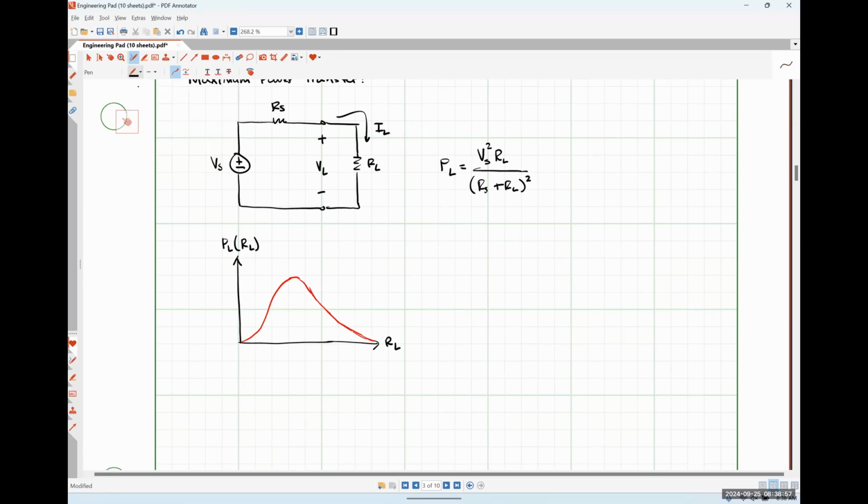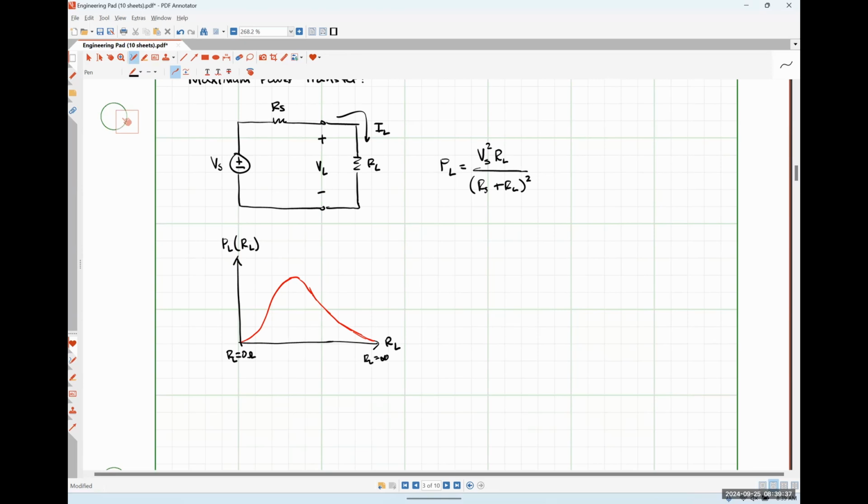Where this point right here represents RL equal to 0 ohms, or a short circuit. It should make intuitive sense to us that if our load were a short circuit, the amount of power absorbed by that load should be 0. There's no voltage drop across the element, which is how we define a short circuit. Then there can't be any power absorbed by it either. Similarly, way out here as we approach infinity, so that'll be on this side, we should see that our power falls to 0 as well.